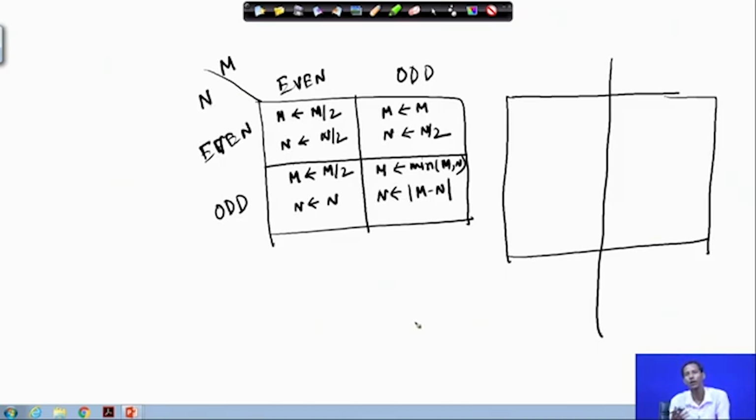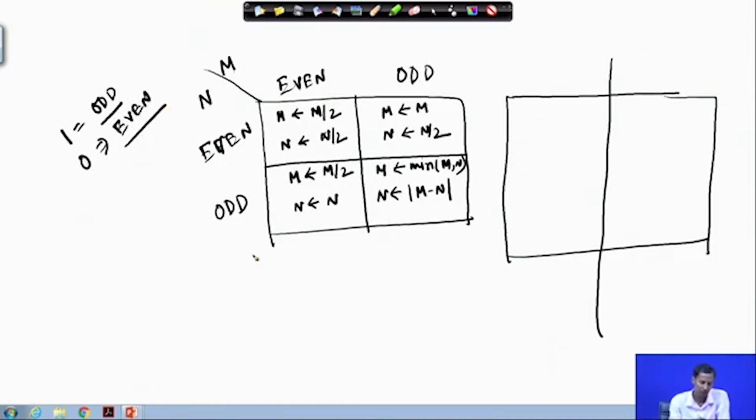How can I know? If you see the LSB of m or n: if the LSB of any variable is 1, the number will obviously be odd. If the LSB is 0, the number will be even in the binary number system.